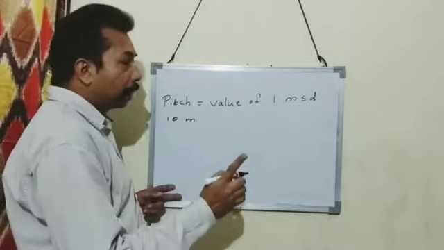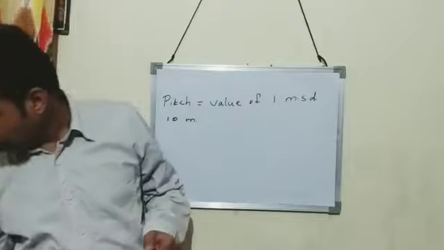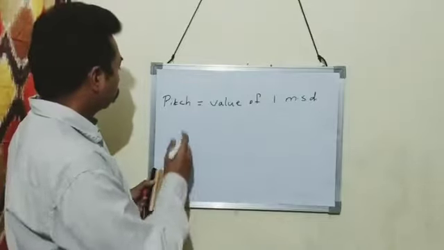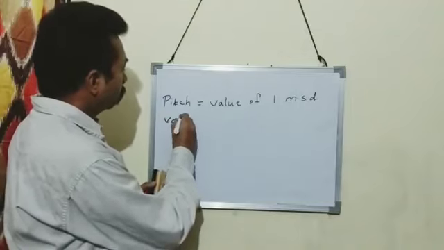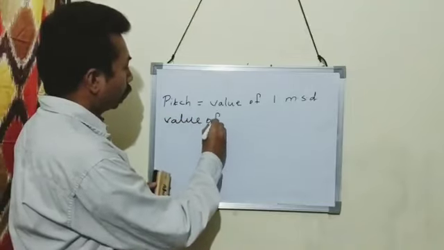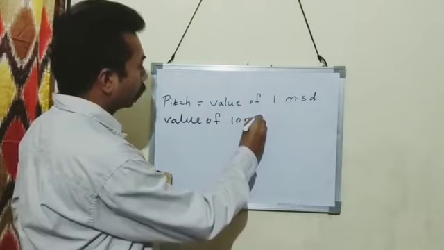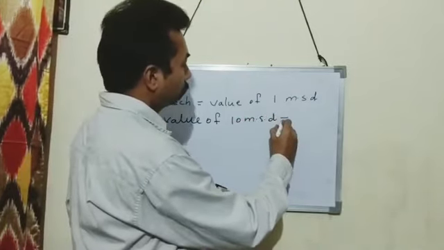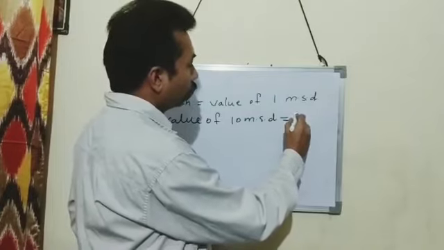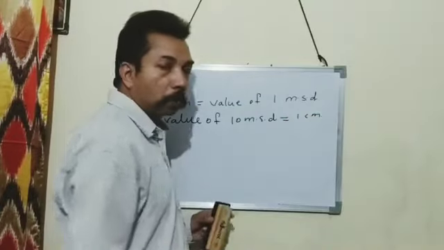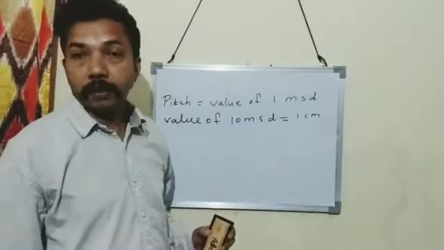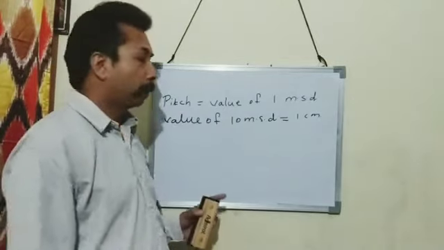Value of 10 main scale divisions is equal to how much? 1 centimeter. In the question it is given that in 1 centimeter there are 10 main scale divisions.